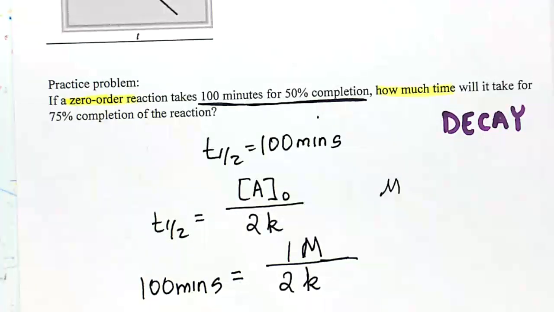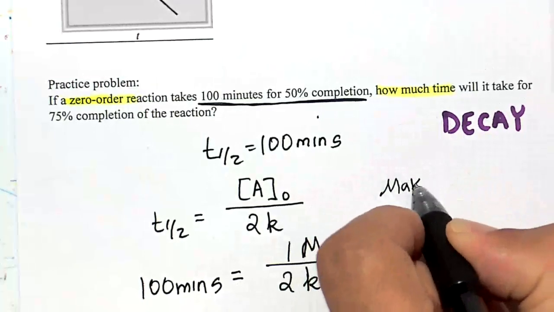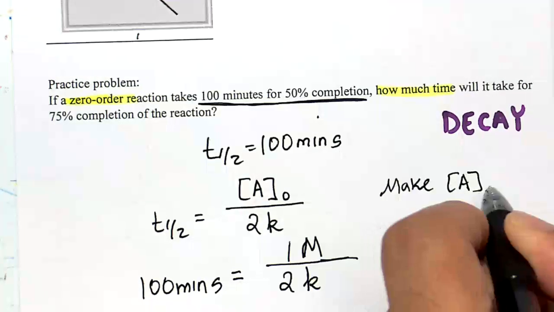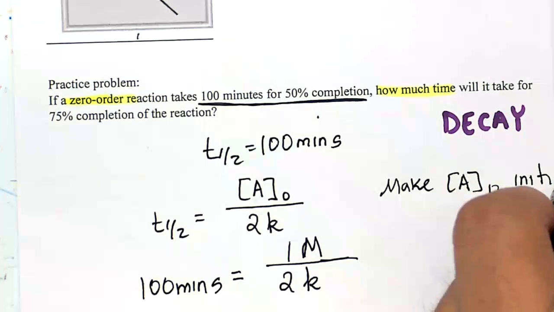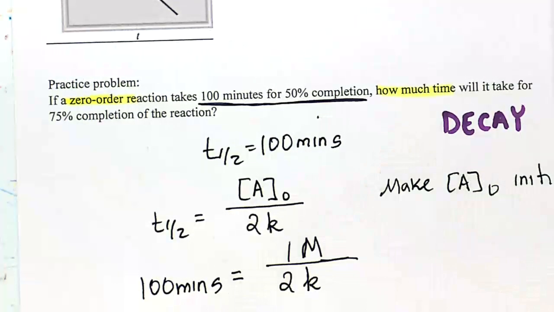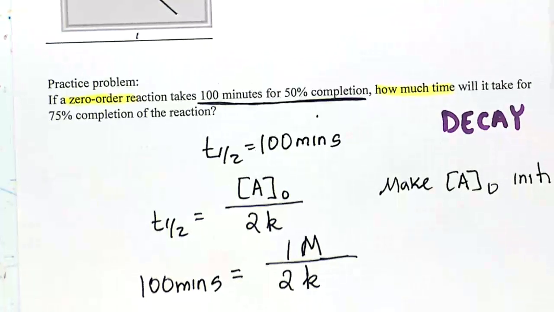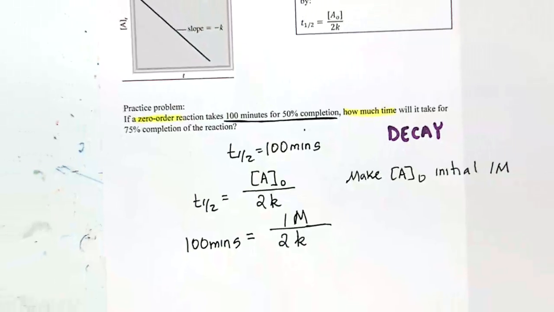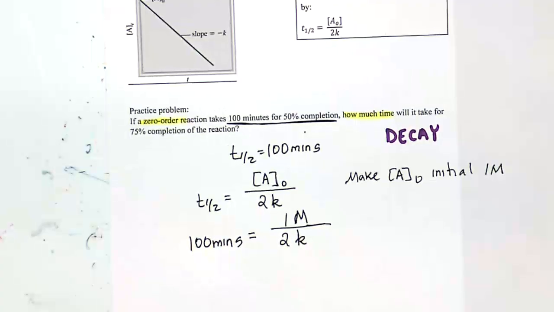So I'm just going to make the initial concentration 1 M, because it's easier.